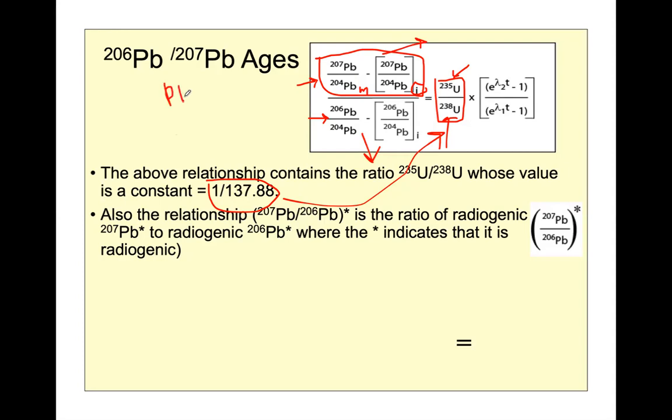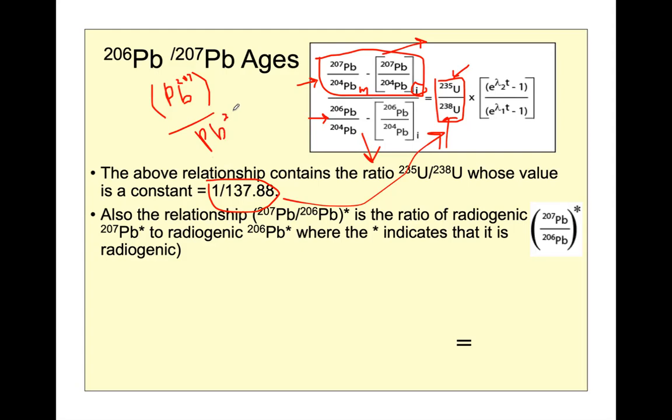What we are getting is the radiogenic amount of 207 divided by the radiogenic amount of 206. Do you understand?